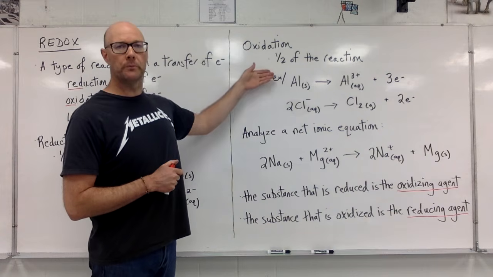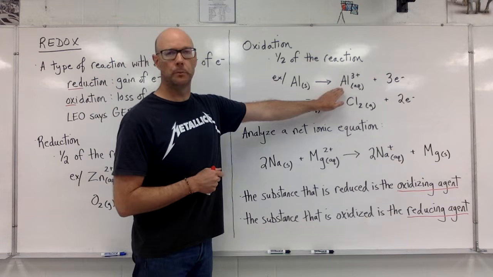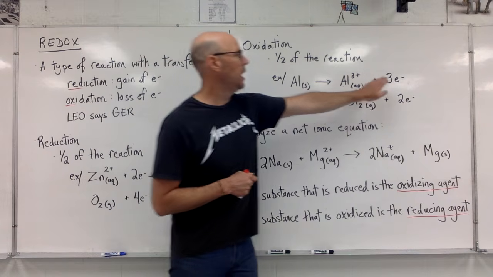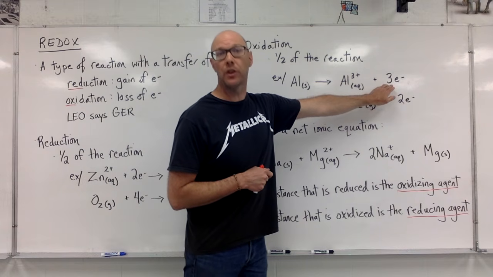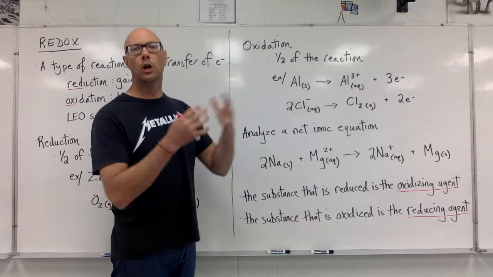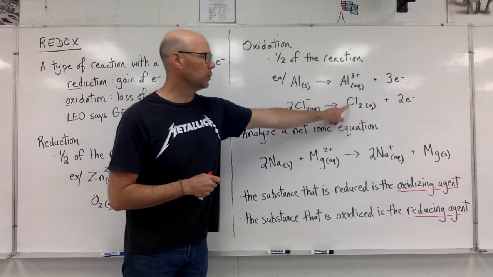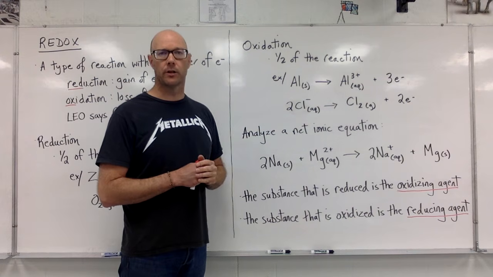Here I have aluminum solid undergoing oxidation to form aluminum ions, 3+, and it's going to lose 3 electrons. The chloride ions here lose electrons, undergo oxidation to become chlorine gas, and there's our electrons.